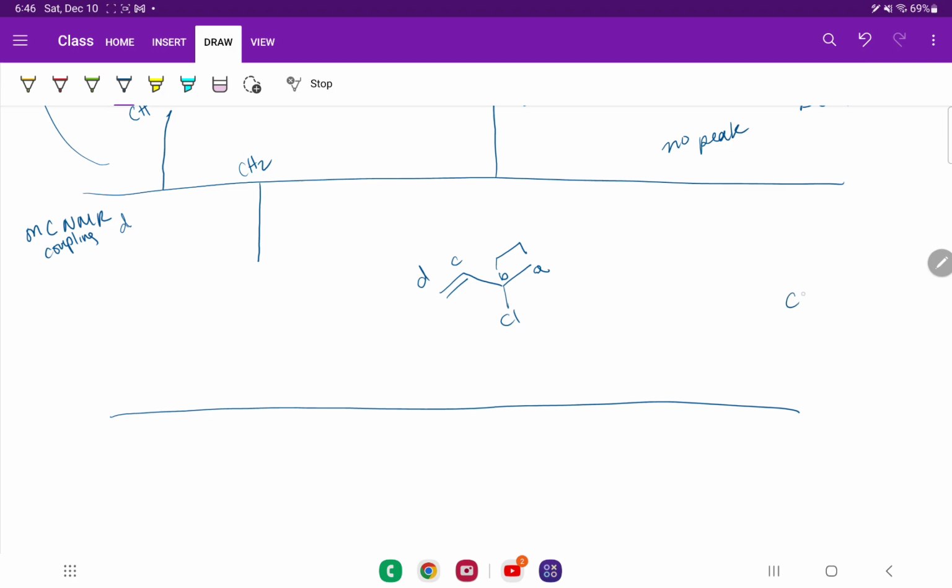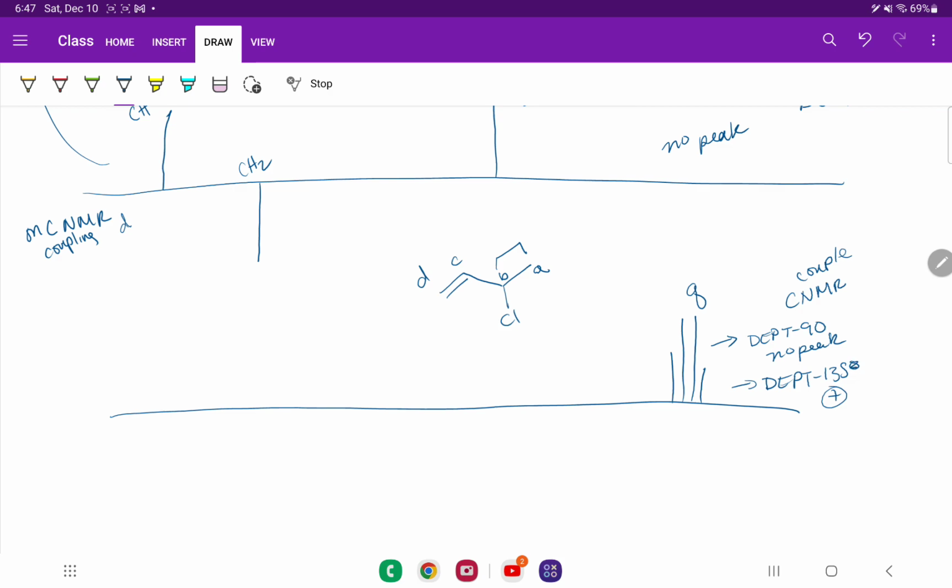If I were doing a coupled NMR, it has 3 hydrogens, so I would expect it to show up as a quartet. But on the DEPT 90, it's not there. On DEPT 135, it's positive. Okay.